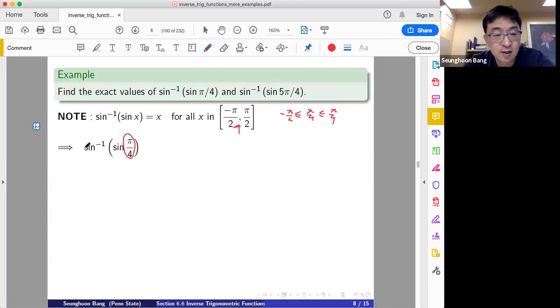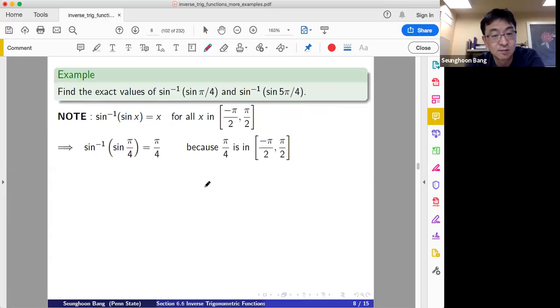So yes, you can cancel. The answer is pi over 4. Yes, we have it, because pi over 4 is in the domain. So what is the answer?